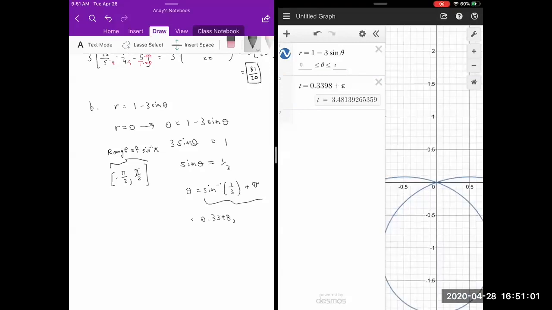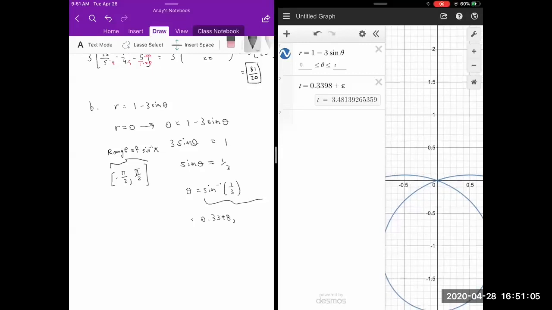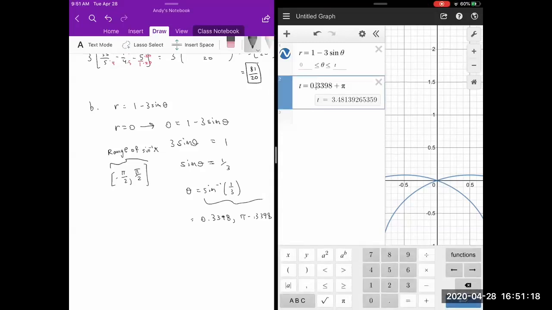It's not plus pi. It is minus pi. So it's really pi minus 0.3398. And I can show that here. If I make this a negative, that'll close the loop.